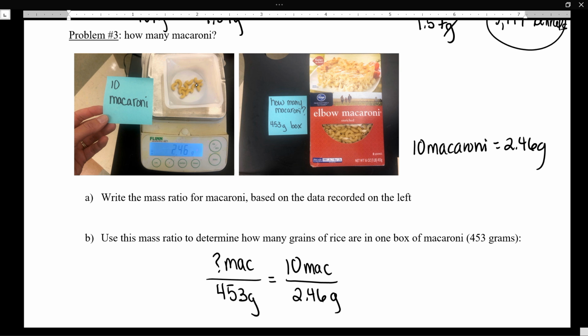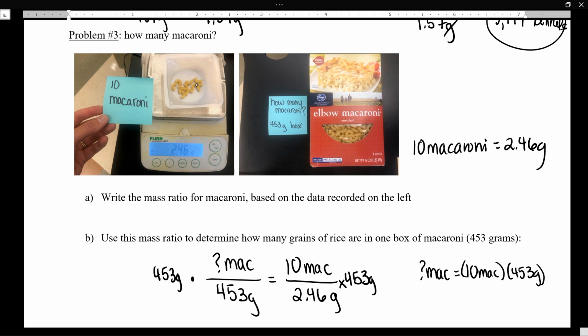So I can rearrange 453. And again, you might be able to visualize this in one step using what you know about cross multiplying. But this is 10 macaroni times 453 grams.